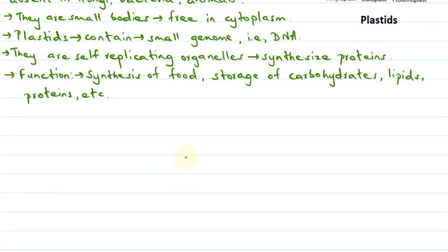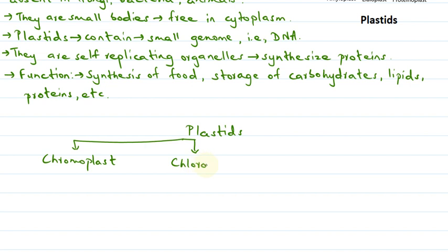Based on structure, pigments and functions, plastids can be classified into three types: chromoplast, chloroplast, and leucoplast. Chromoplasts are colored plastids except the green color, and they give color.